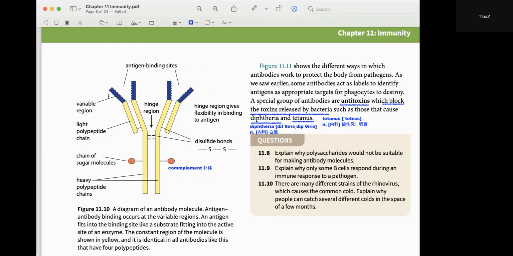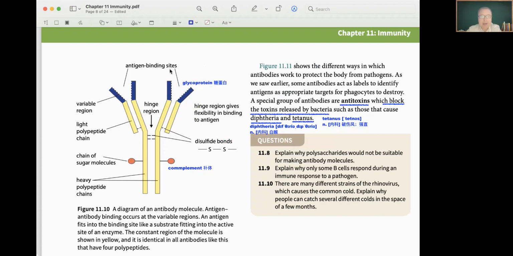So please differentiate between glycoprotein and polypeptide.